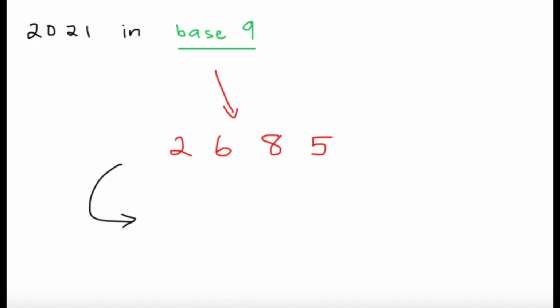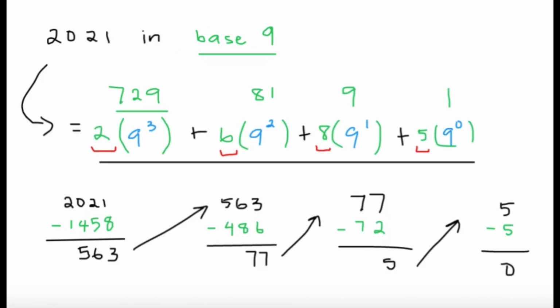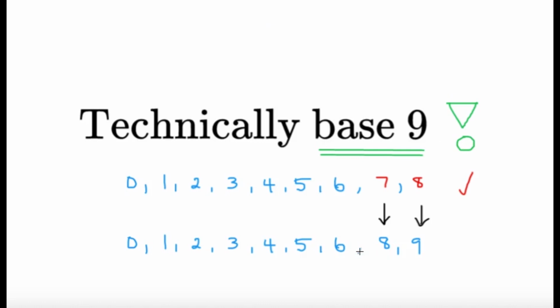But we're not yet quite done because that's in the typical base 9 that we actually use in mathematics. The only difference between base 9 and the good number sequence is that all the 7s become an 8 and all the 8s become a 9.